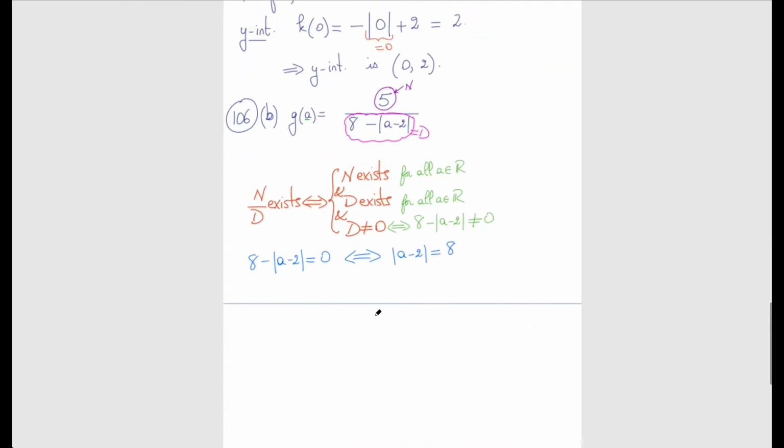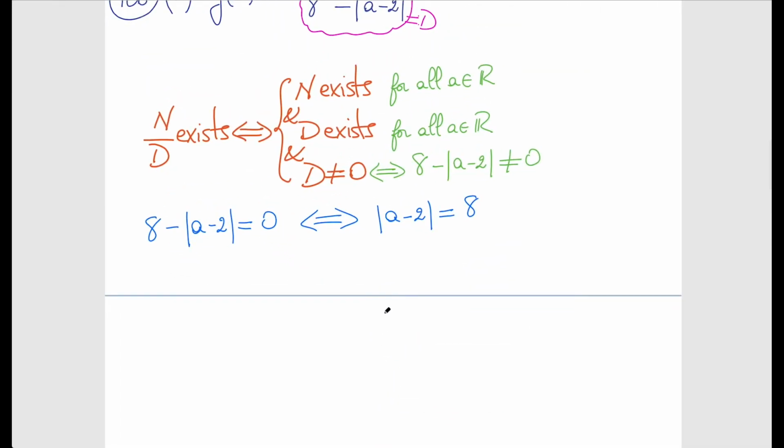So we're going to use property 1 above, with capital A being little a minus 2, and capital B being 8, which is clearly non-negative.